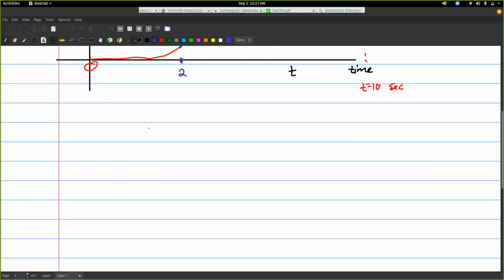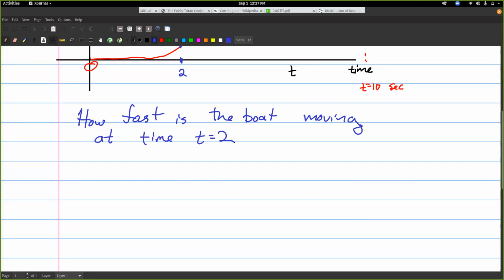But once they had the algebra to ask this question, you could say, how fast is the boat moving at time t equals 2? So it seems like we have enough information here to determine the answer to this question. It turns out we do.